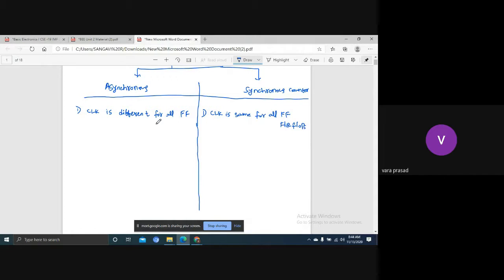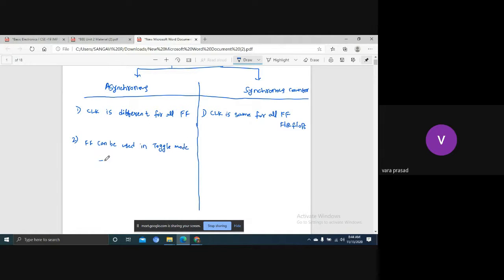Second point: in an asynchronous counter, the flip flop can be used in toggle mode only. What is meant by toggle mode?